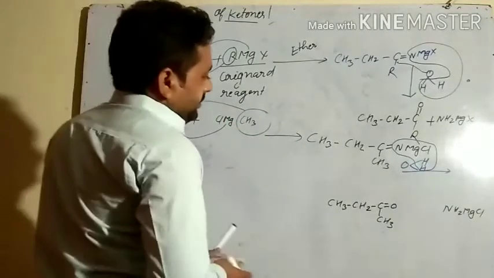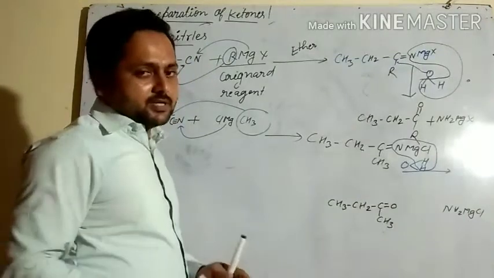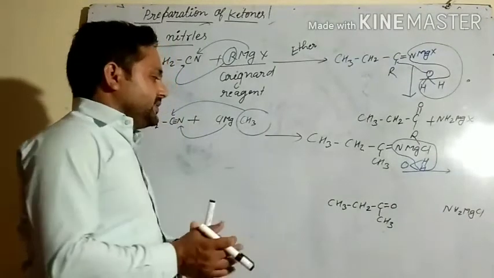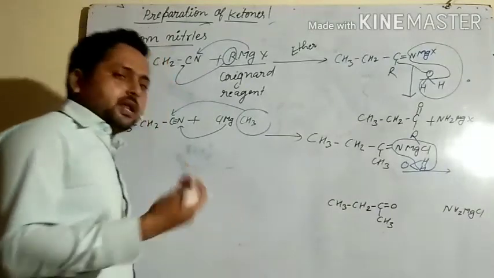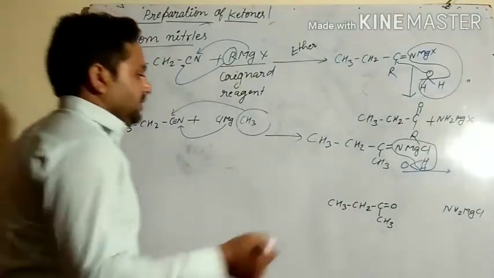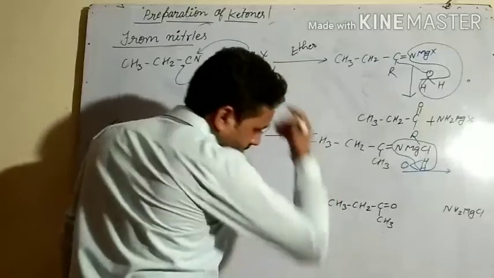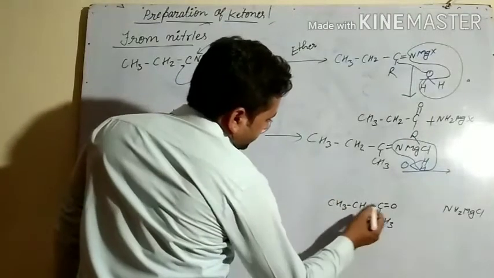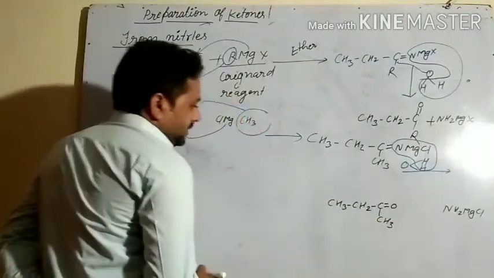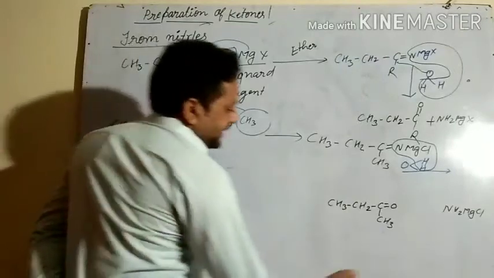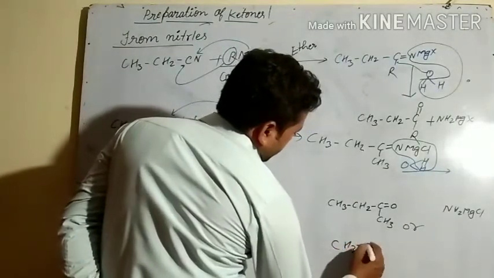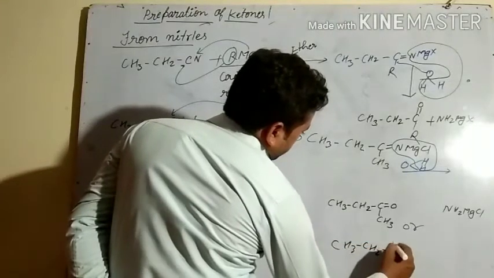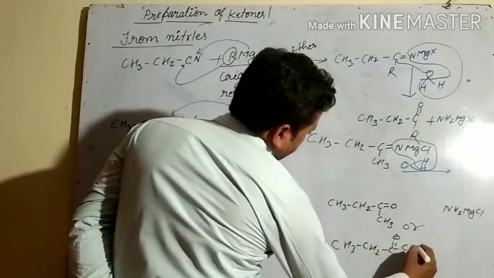So aromatic and aliphatic ketones can be prepared. So how much is in your syllabus? That much we will discuss, because it is so lengthy. What will be the name of this compound? 1, 2, 3, 4. How many carbons are there? 4 carbons. It can be written like this: CH3, CH2, CO, CH3.